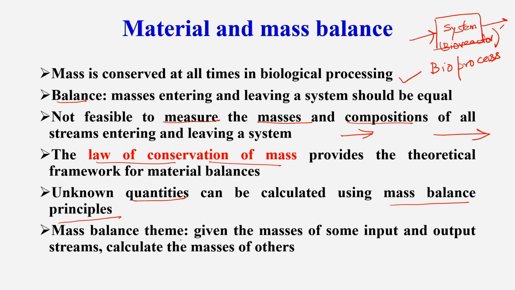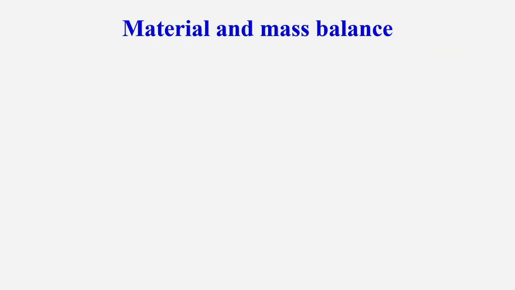So, the mass balance gives the mass of some inputs and outputs and calculates the mass of others. Basically, when you are going to balance this mass, we will have some unknown masses and some known masses, and the whole idea is to calculate the unknown amounts. So, what are the implications?